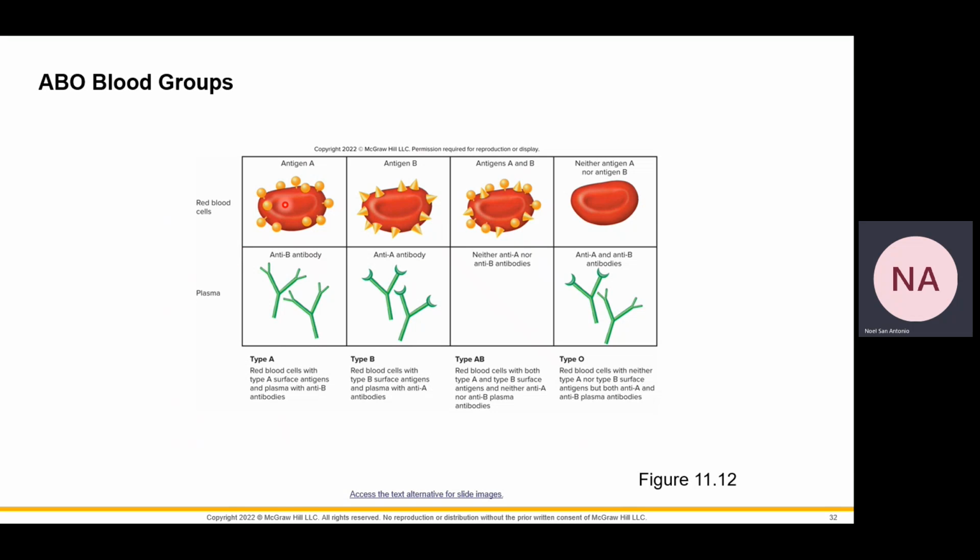Now, in a type A blood, sa kanyang plasma, you will find an antibody. Ang tawag dun sa antibody na yon, anti-B antibody. An anti-B antibody reacts with antigen B. Ibig sabihin, galit siya sa antigen B. Kaya nga anti-B antibody.